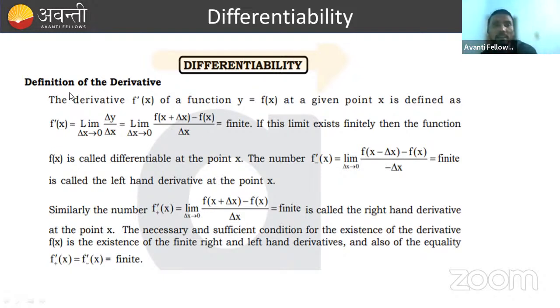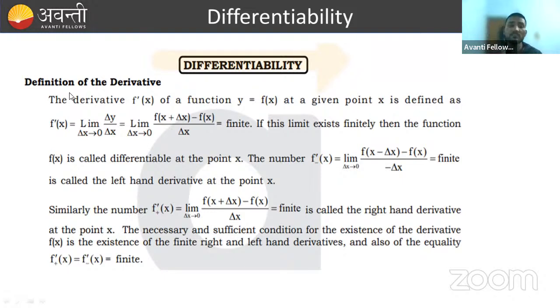Okay, so in this case, differentiability is nothing but derivability. We can also say derivative. So for f(x), the derivative is f dash x, which is nothing but change in y with respect to change in x.